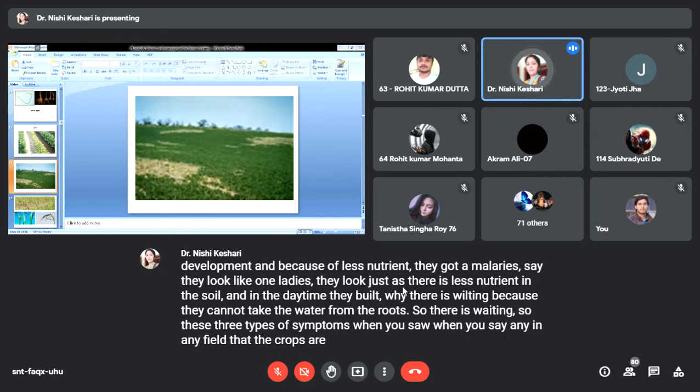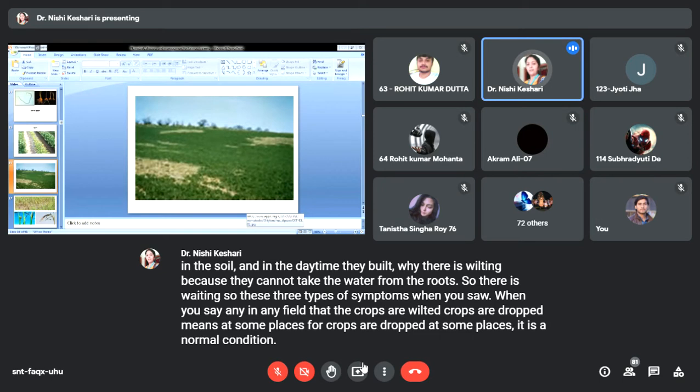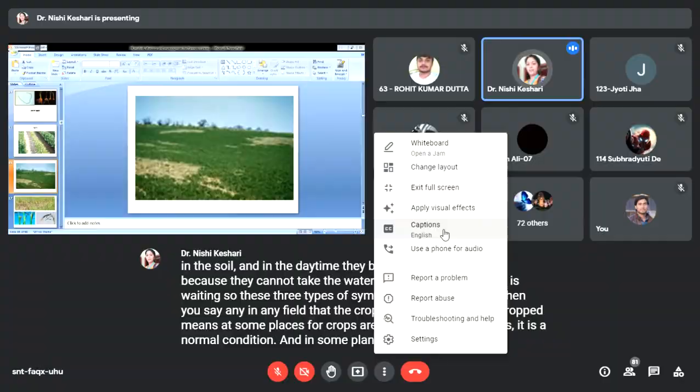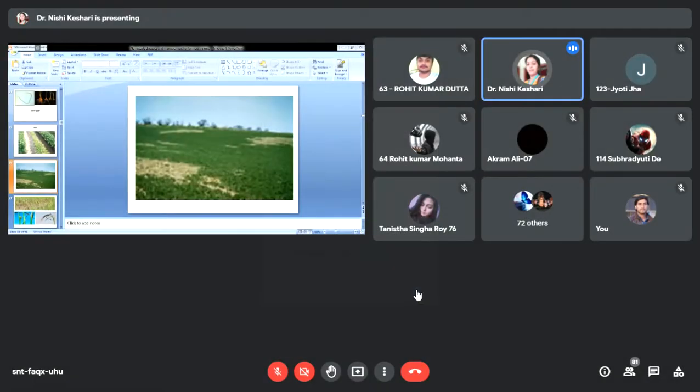It may be because of nutritional deficiency in the soil, and that nutritional deficiency may be because of nematode feeding. So that can be suspected as nematode symptoms. In this figure you can see a crop field where in patches there is no growth, and very less growth at some places. These can be symptoms of below ground feeders.